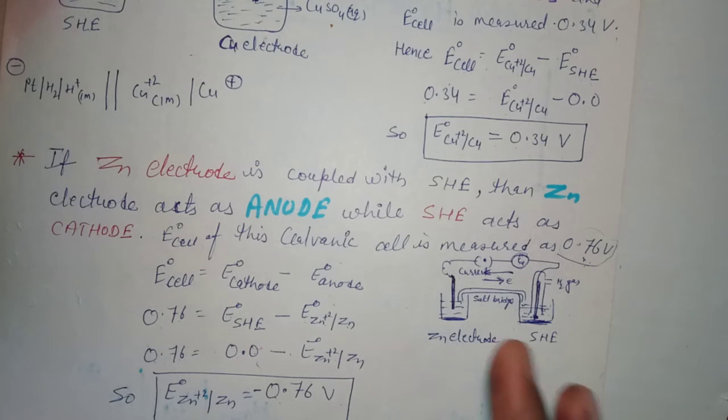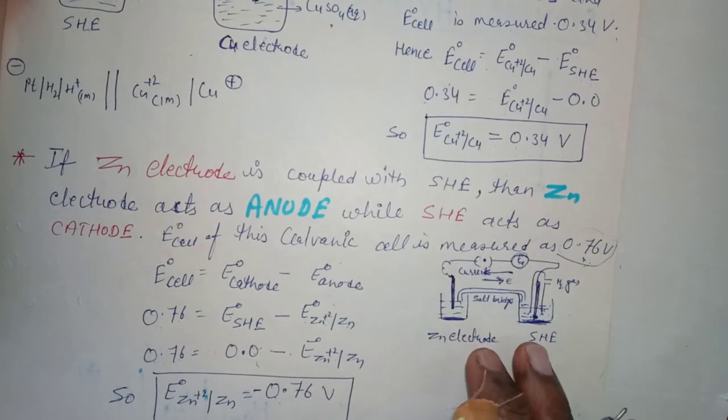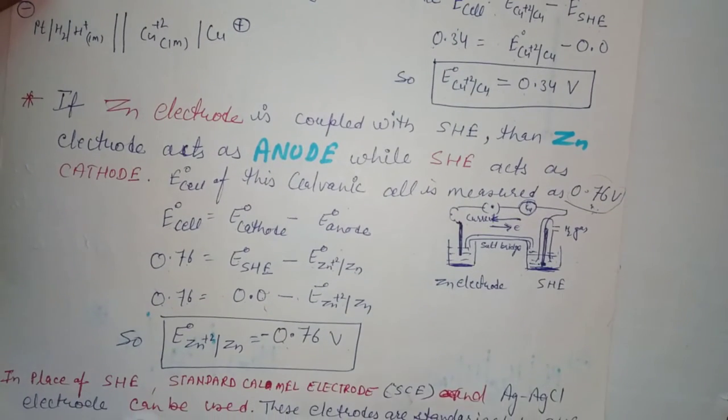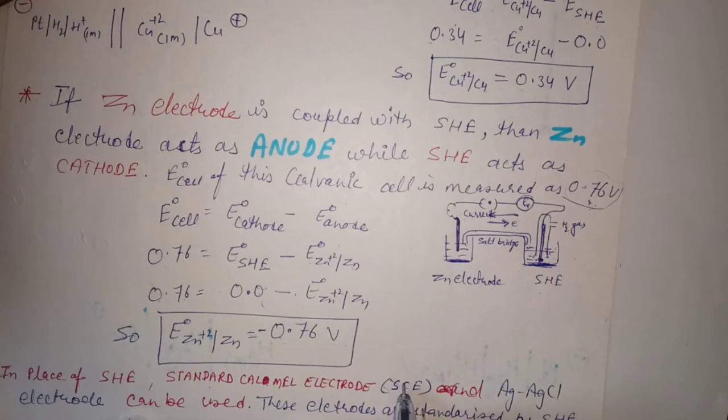Clear? Okay. Thus we have already calculated the electrode potential of many metals and non-metals by coupling the unknown electrode with SHE to make a galvanic cell according to this method. One more important thing is that in place of SHE we can also use two other electrodes: the standard calomel electrode, also denoted as SCE, and the silver chloride electrode, AgCl electrode.